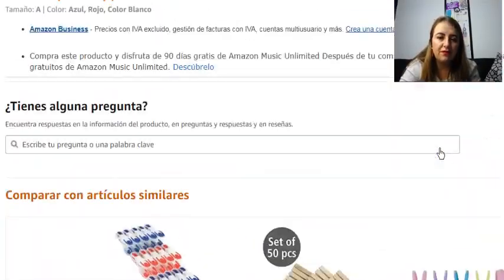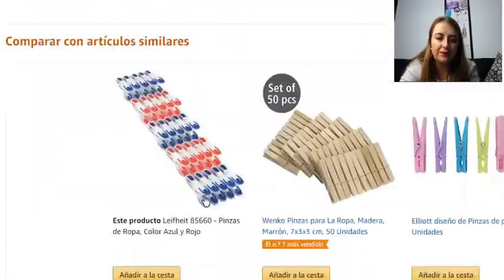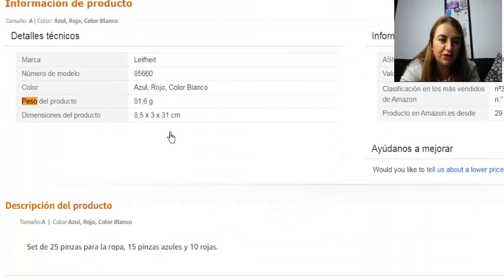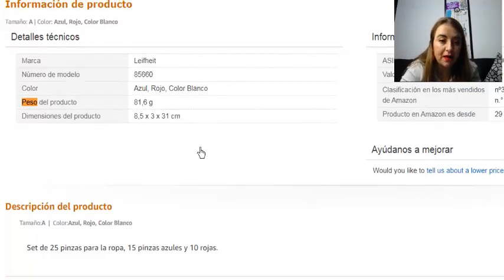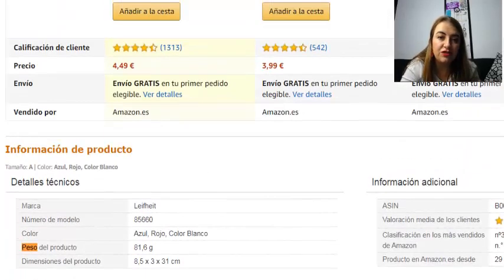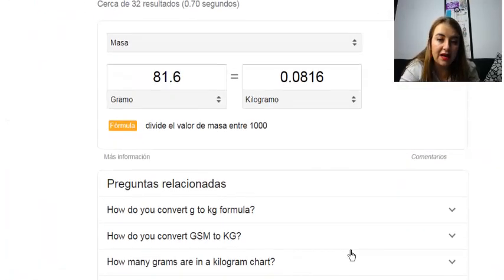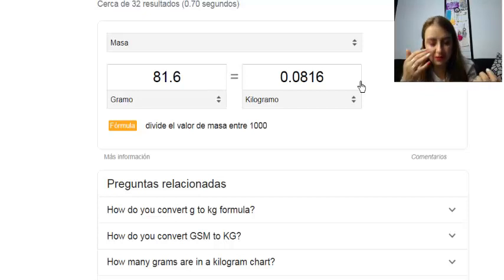I figured out that it was this one, and I know here that the measure of the product is 81.6 grams, I mean. So in this case, I need to convert that to kilograms, and it is going to give me this. It is okay if you use the converter. If you want to show me the process, it's okay too.